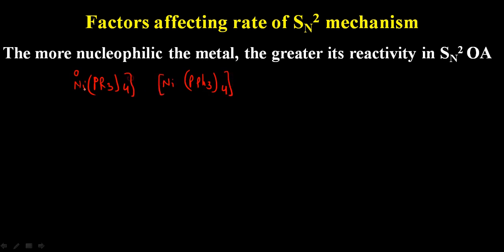As told earlier, nickel is in zero oxidation state, and mixed ligands like 2 trialkyl phosphines and 2 alkenes, which can be ethene.